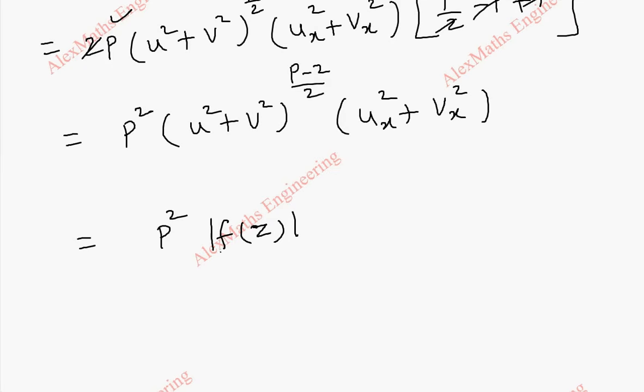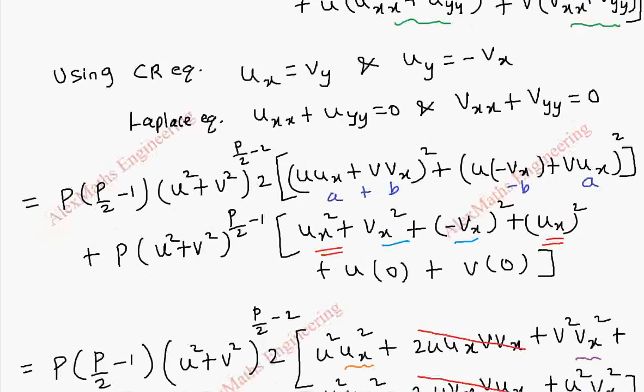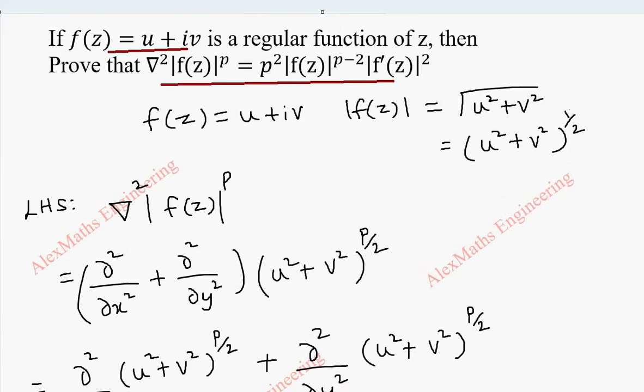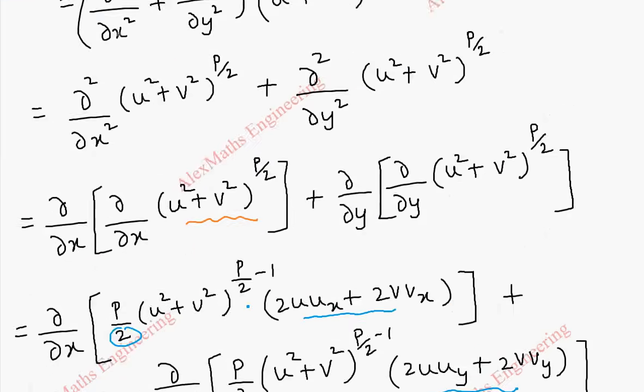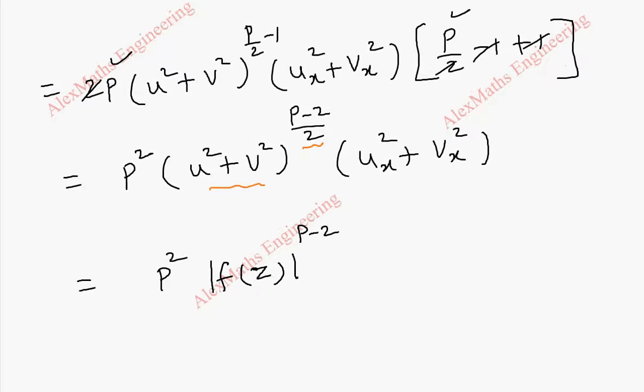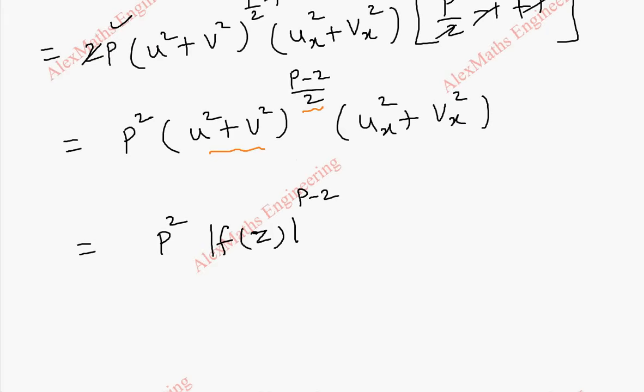f of z modulus, which is root of u square plus v square. So leaving this power, we can write only p minus 2, because this entire thing, u square plus v square along with this power half, let's check it in the first step, is mod f of z. So only in the power we have p minus 2. So we can replace the entire term as mod f of z power p minus 2.